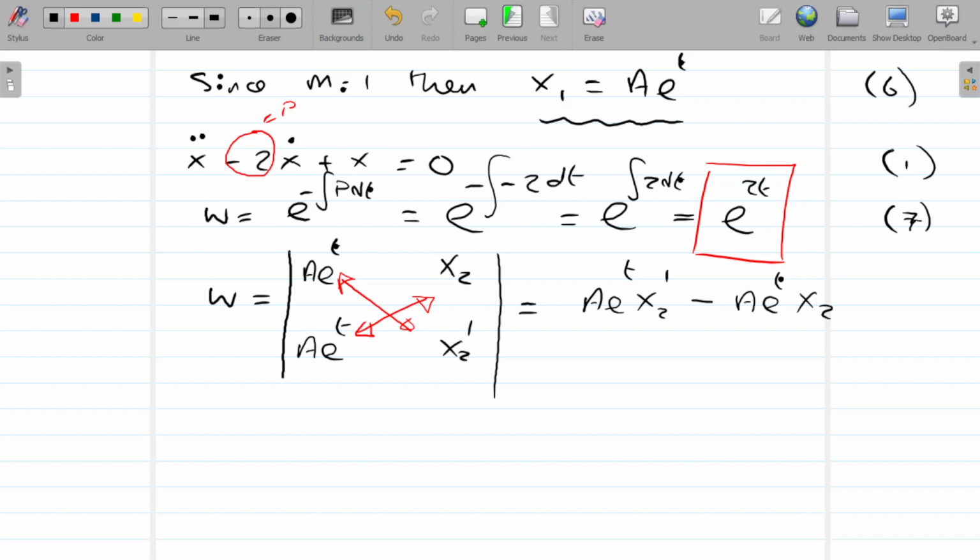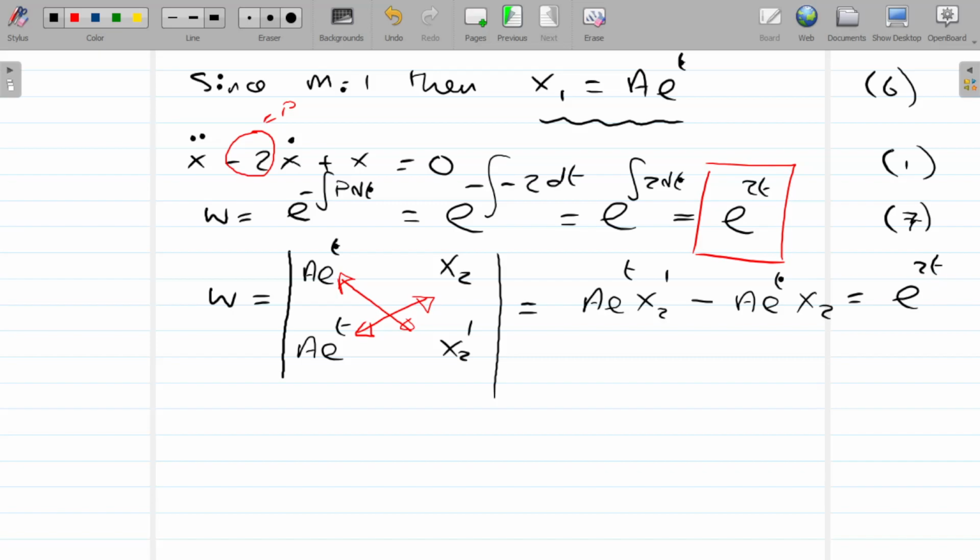But how does this help us? Because what we've got now is another differential equation. Well, let's write this down and equate it to what we have in the red box in 7, because these two determinants are the same. So this is actually equal to e to the 2t.